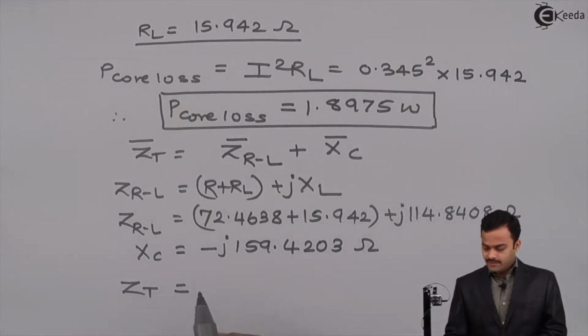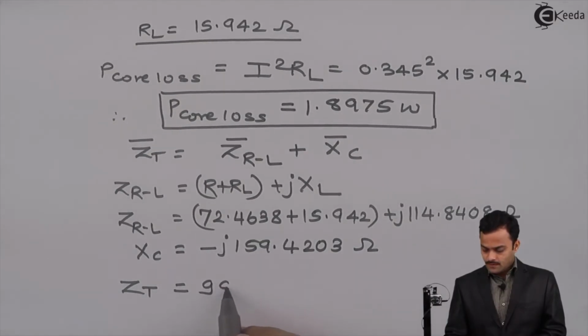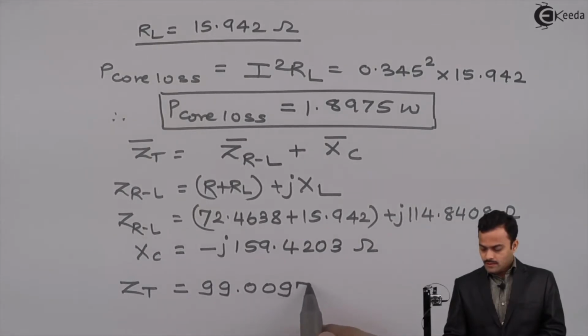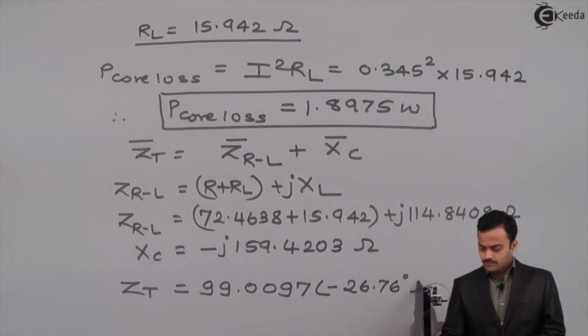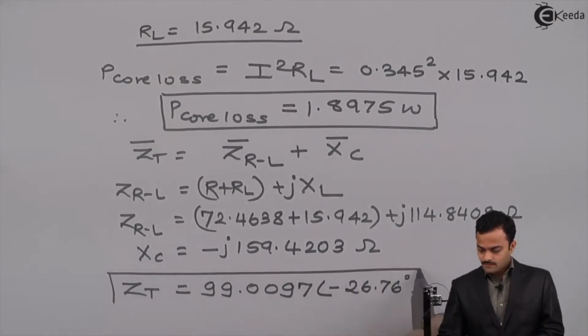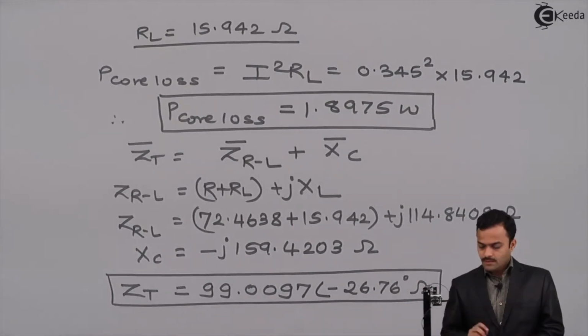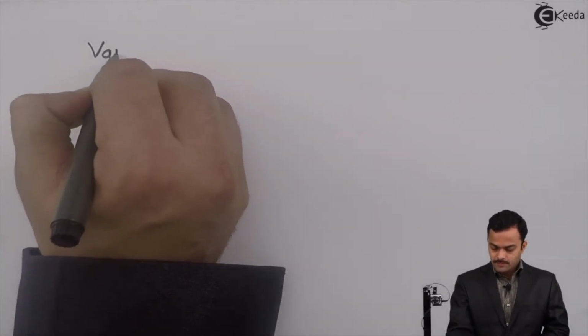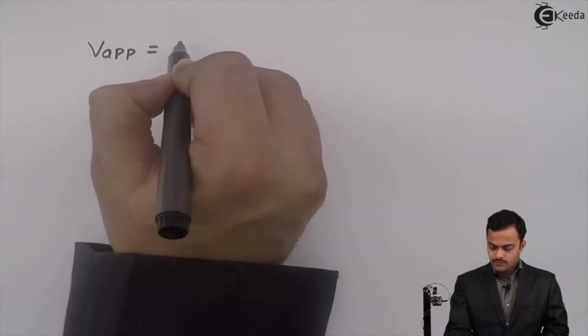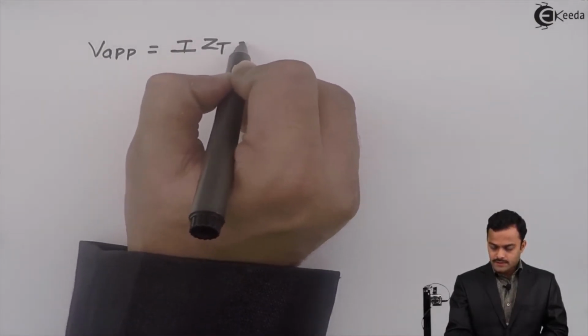So if I substitute these values, what is the value of ZT I will get? ZT I will get as 99.0097 at an angle minus 26.76 degree ohm. Once we obtain ZT, voltage applied is simply ZT multiplied by I. So voltage applied equal to I into ZT.